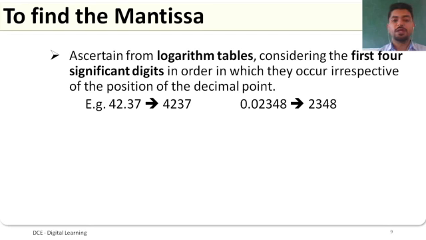To ascertain it from the logarithm tables, the mantissa is found considering the first 4 significant digits in the order in which they occur, irrespective of the position of the decimal point. For example, if the number is 42.37, this number has to be considered as 4237. Similarly, for the number 0.02348, the first 4 significant digits 2348 are to be considered for finding the mantissa.